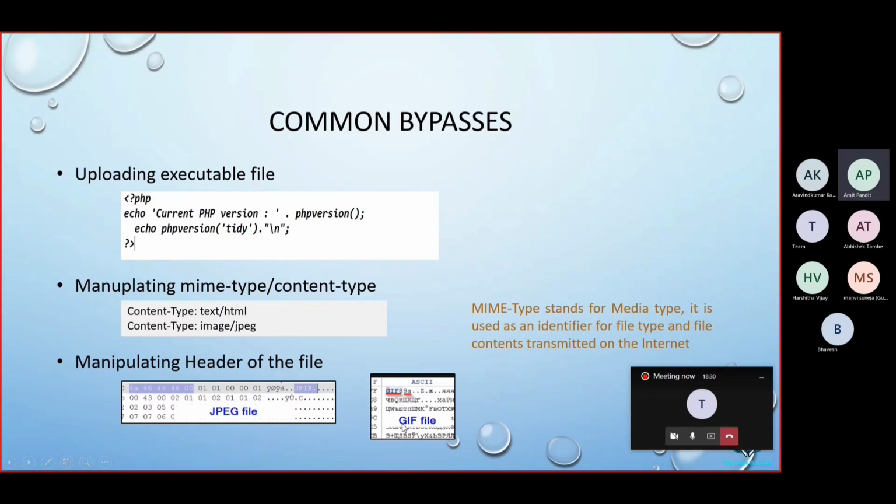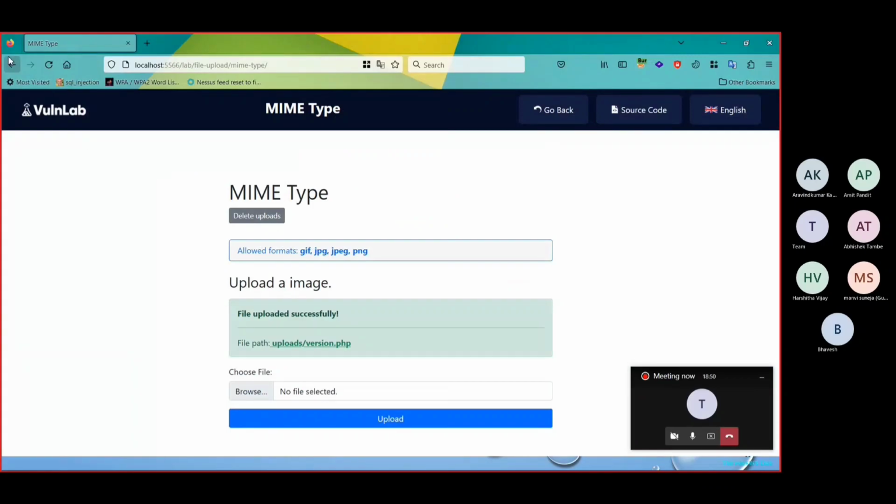And similarly for a GIF file, this string at the starting of the file will signify that it is a GIF file. So we will try to manipulate the first 4 bytes or 8 bytes of the string to make the server believe that it is some other file.